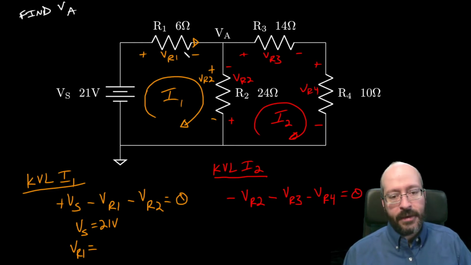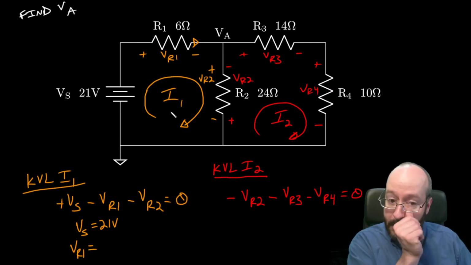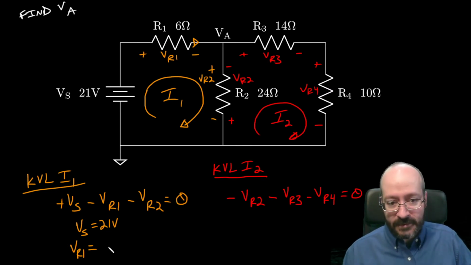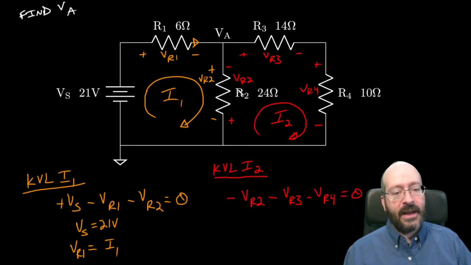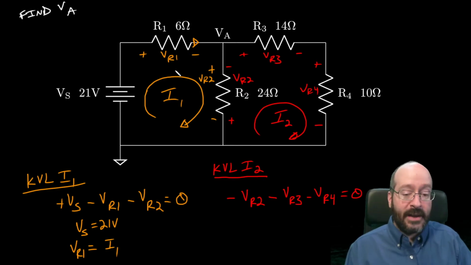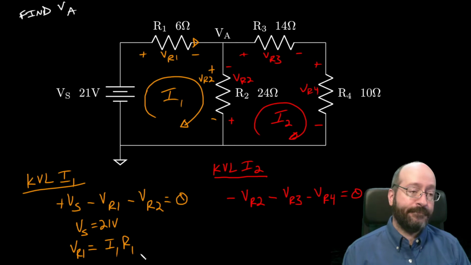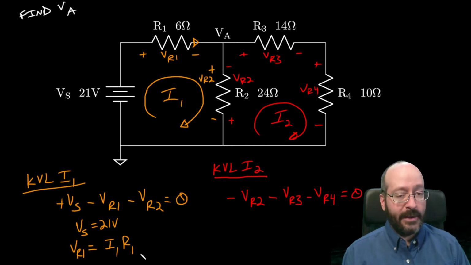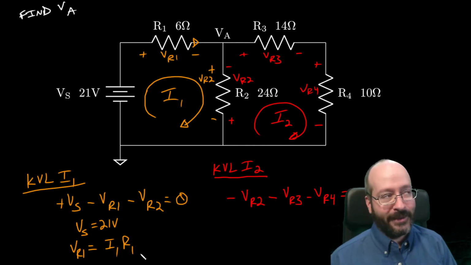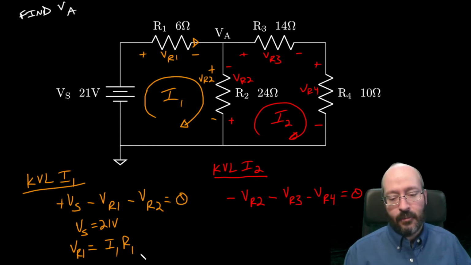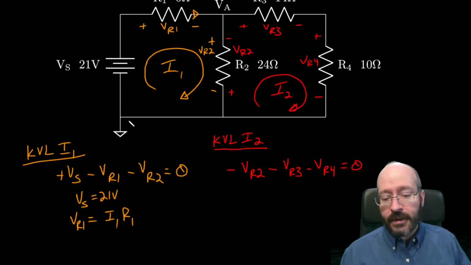Does I1 touch that current? Yes, and it flows in the same direction, so it's going to be positive I1. Does I2 touch it? Nope, so it's not in the expression. Then we just take that current and multiply it by R1. You see why I had you do those exercises before, hopefully. That's what we're going to ultimately plug in for VR1.